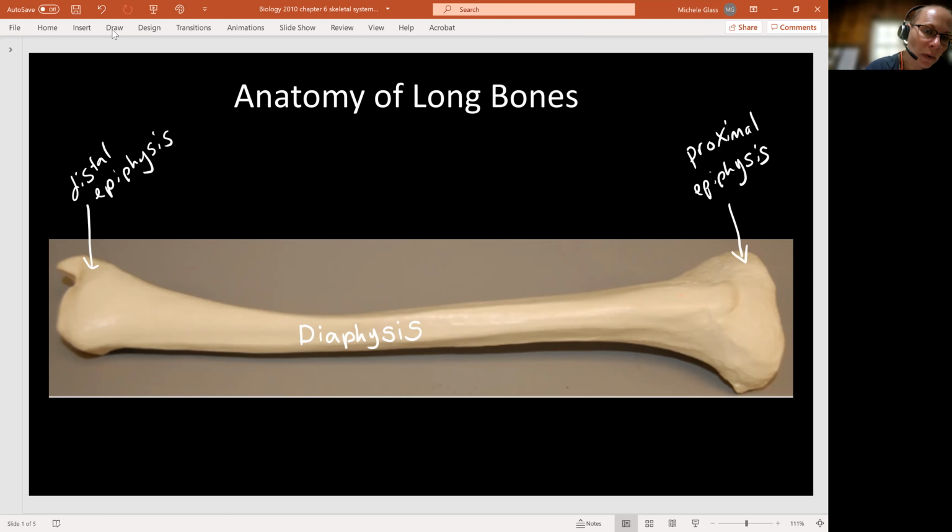Okay, also important to note, you have sort of this section of bone where the epiphysis meets the diaphysis. And we talk about this in a few ways. So we can call it the metaphysis, or the term middle. Meta means middle.